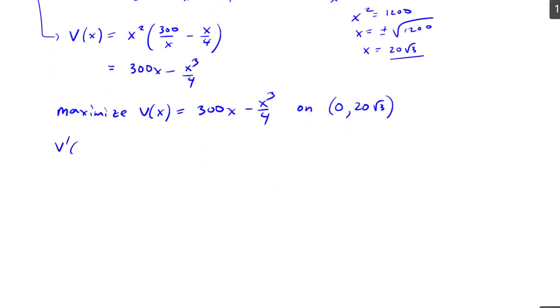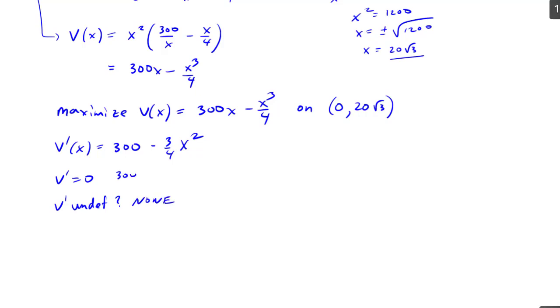So I'll need the derivative, 300 minus 3/4 x squared. Okay. I want to know when this derivative is 0, or when this derivative is undefined and the original function is defined. But there's no issues with the derivative that way.